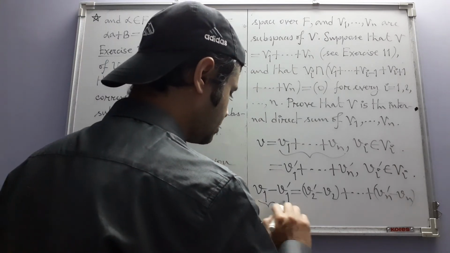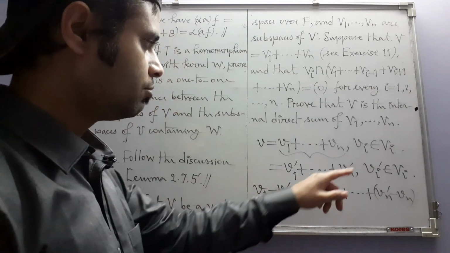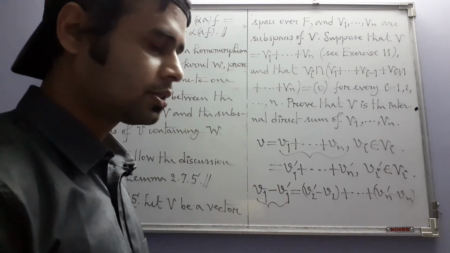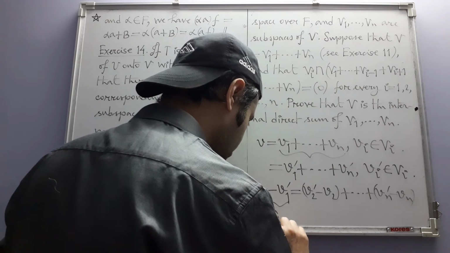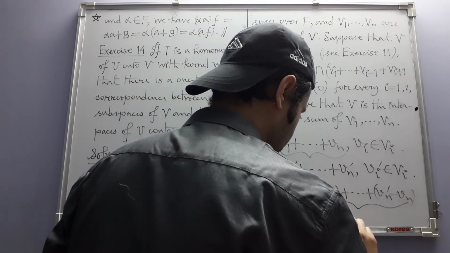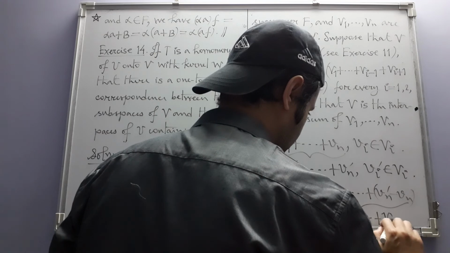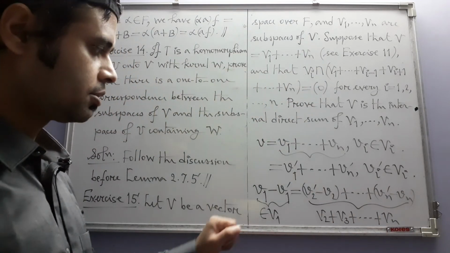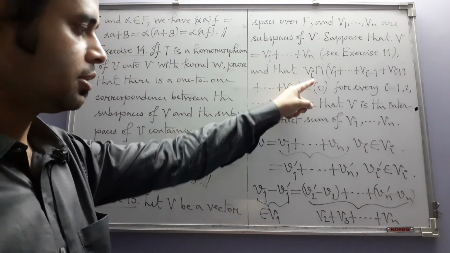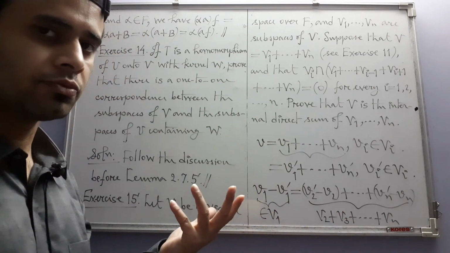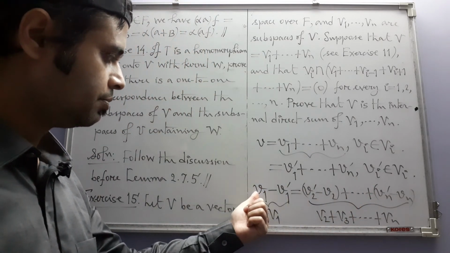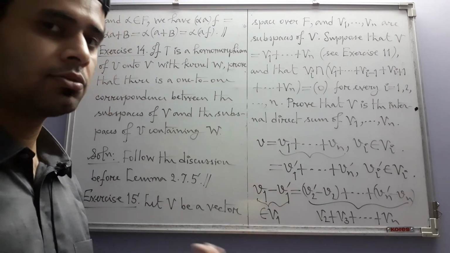In this equation, the left hand side, since it's a difference of two vectors in V1, belongs to V1, but the right hand side, from the look of it, you can see that it belongs to the sum of the remaining subspaces. But they are equal, so they will both belong to V1 as well as this. But according to the given conditions, this intersection consists of the zero vector only, so both of these vectors must be equal to 0. From that you get that v1 is equal to v1 prime.